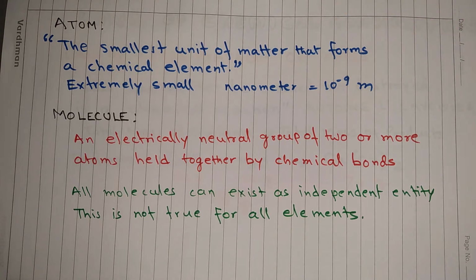Atoms are extremely small, in the range of less than even a nanometer. A nanometer is equal to 10 power minus 9 meter, which means it is equal to 1 upon 10 power 9 meter.